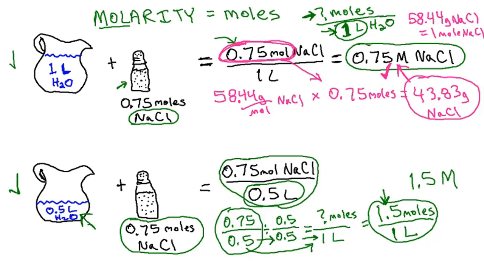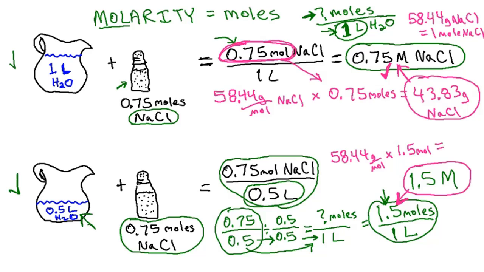Now, what about this down here? What about our second problem? We have a 1.5 molarity, which means we used 1.5 moles of sodium chloride per every 1 liter of water. Well, you have to take that 58.44 grams per mole of sodium chloride and multiply it by the 1.5 moles that we have.